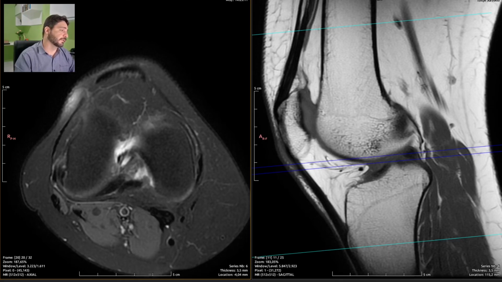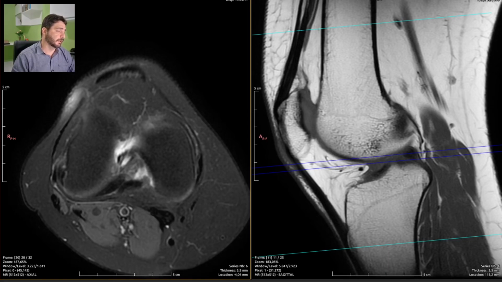It reaches the subchondral bone. There is a really small articular effusion. Meniscus and ligaments and tendons are fine, except for the patellar tendon.